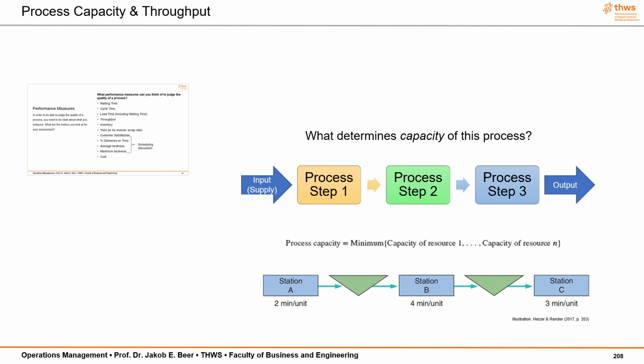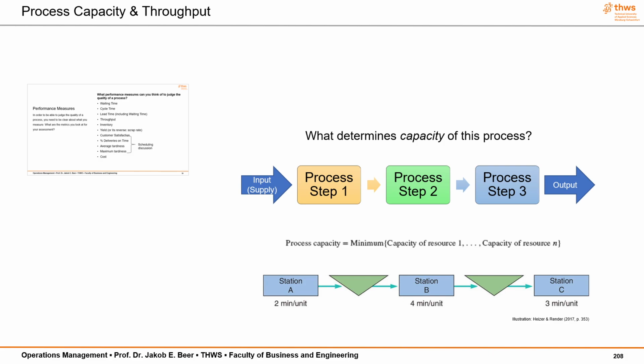The station with the shortest process time in this process is station A. It takes 2 minutes to produce 1 unit. If it takes 2 minutes to produce 1 unit, then we know we can produce 30 units per hour. The station with the longest process time in this process is station B. Station B takes 4 minutes to produce 1 unit.